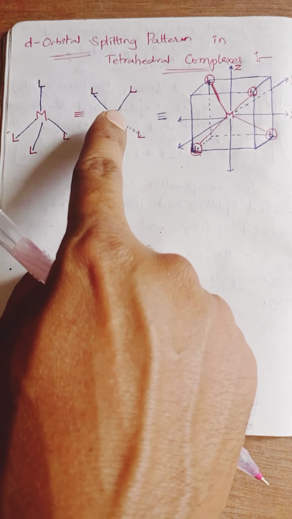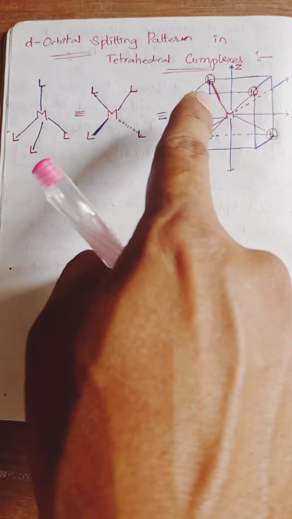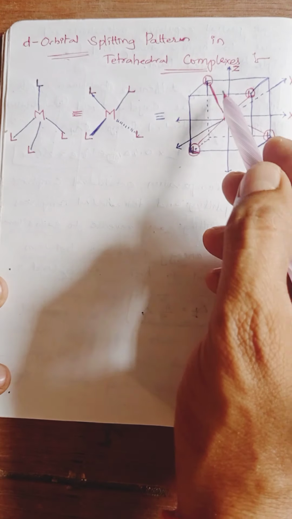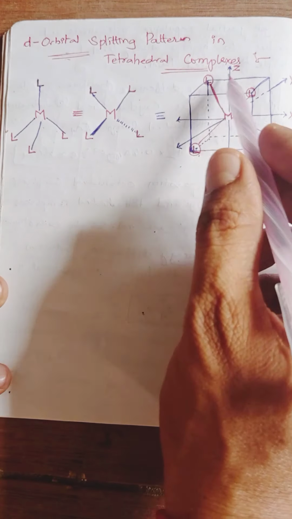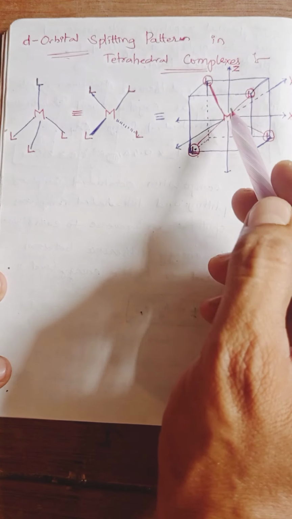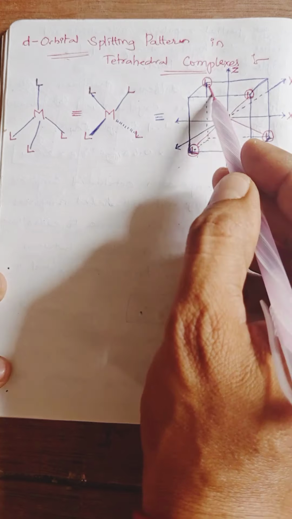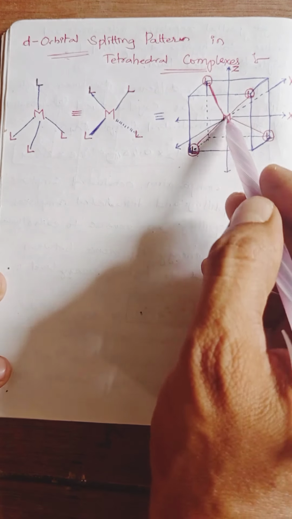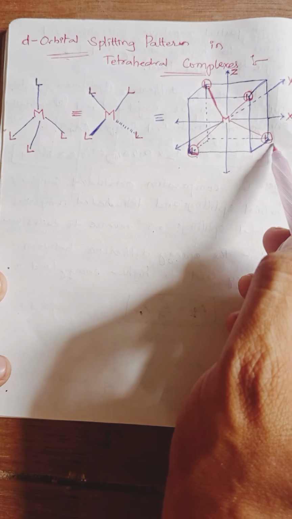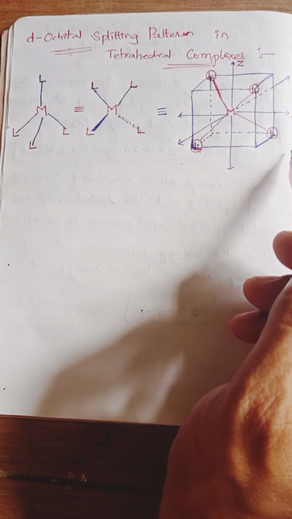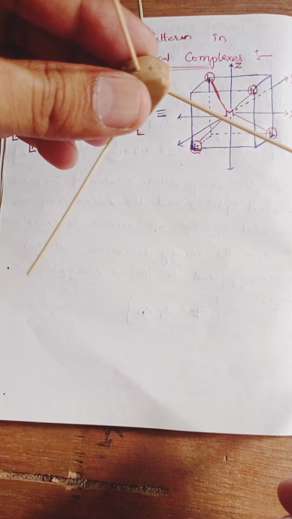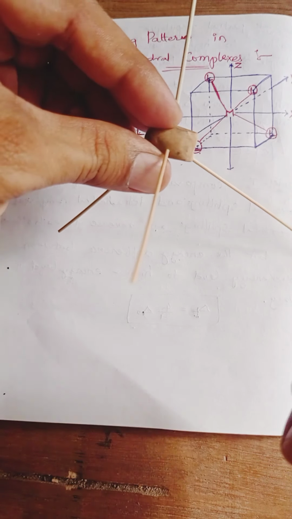When we incorporate this particular structure in the cube, we will get this: the ligands will occupy the alternate corners and the metal in the middle. So when that happens, this is the upward V, and this is the downward V. This particular V and this particular V are opposite to each other, right? If we mold the same structure like this, what happens?